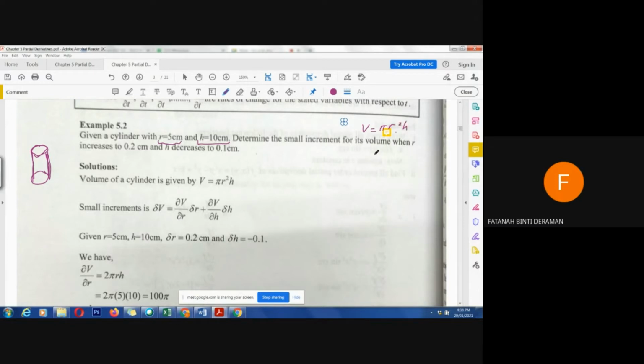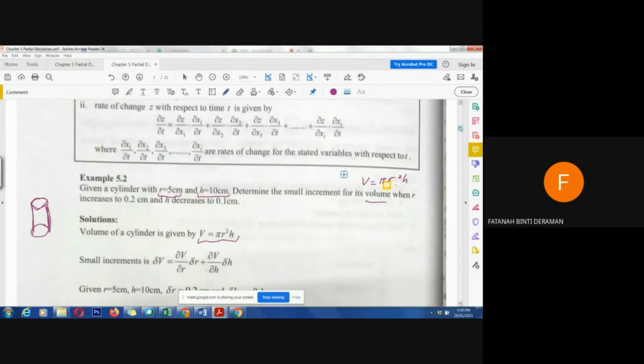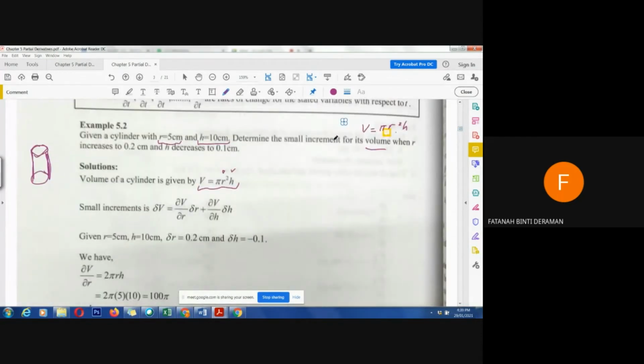So we need to note this volume when r is increasing by 0.2 and h is decreasing by 0.1. So here we have the volume pi r square h, and for small increment we have d. First of all, we need to differentiate with respect to r and then differentiate with respect to h, so that we can find the rate of change. Since the volume depends on r and h, if we change r, the volume changes. If we change h, the volume will also change.